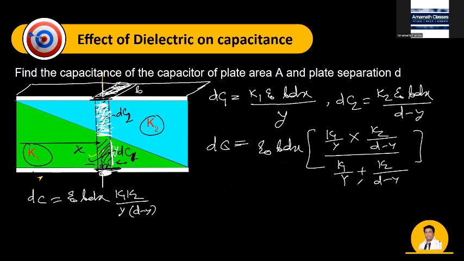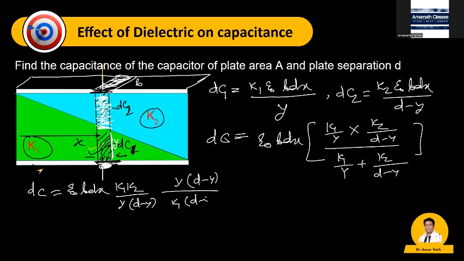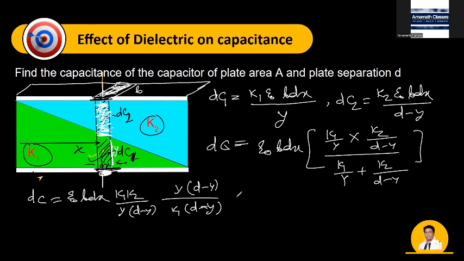If you take LCM, y into d minus y will go up, and this part will be K1 into d minus y plus K2 into y. So y into d minus y got cancelled. So what is left?